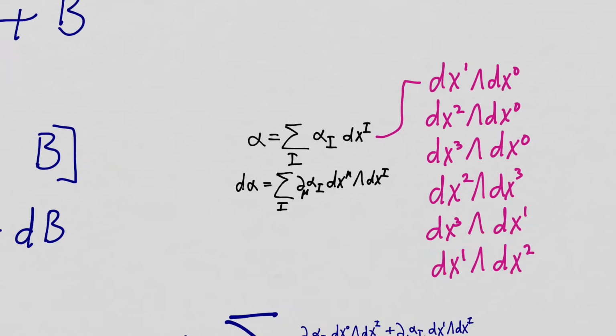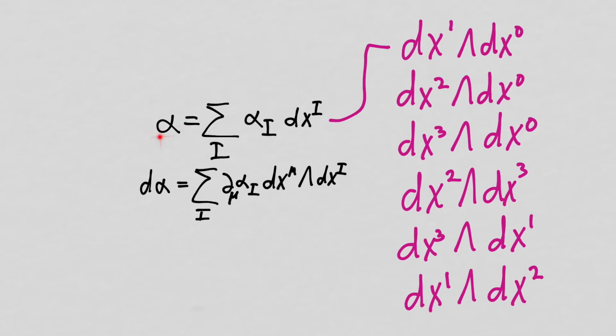And that rule, remember, was if your form alpha is this sum over this multi-index where dxi is representing, in the 2-form space, it's all of these guys here. These are the basis vectors of your space of 2 forms, and some coefficient alpha. And remember, alpha is a function of space-time now. It's a function of time and x, y, and z.